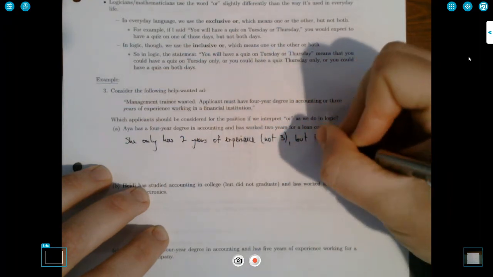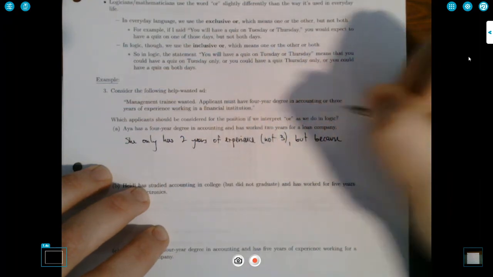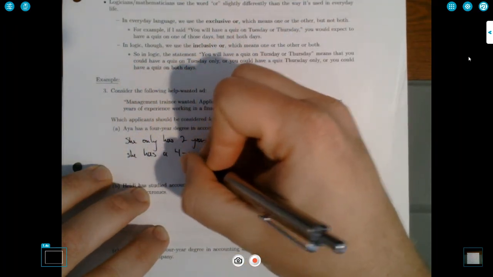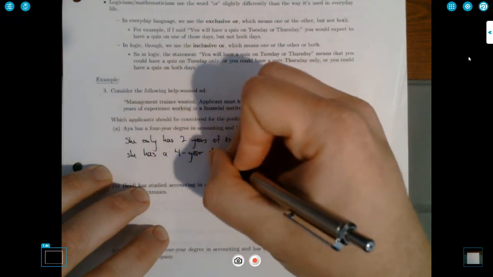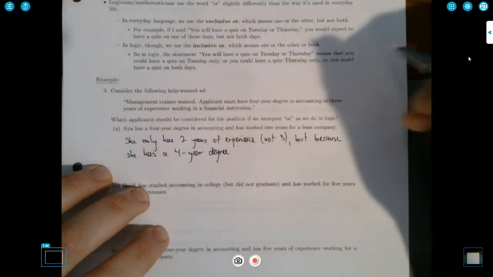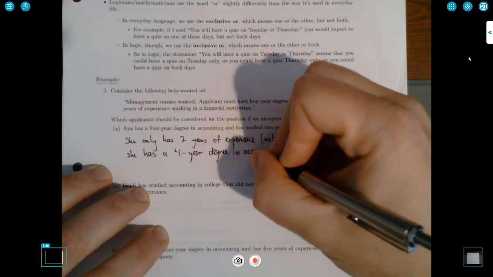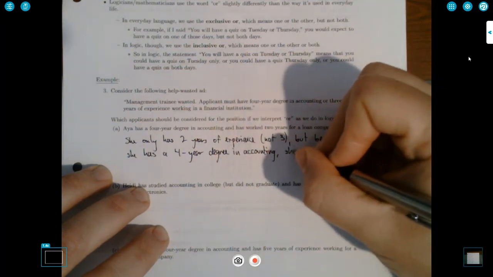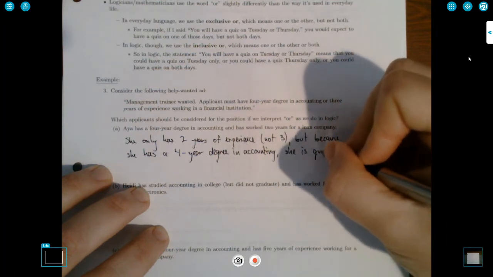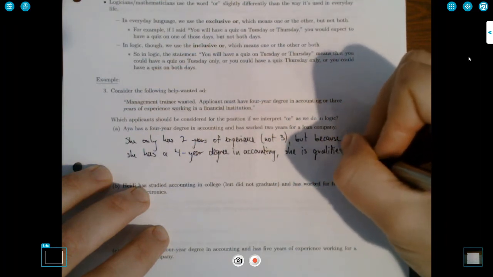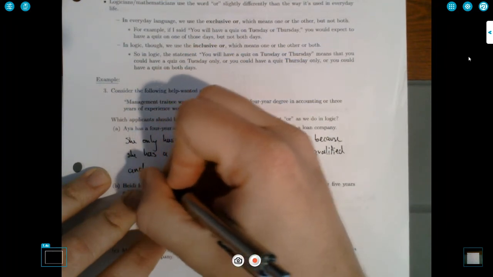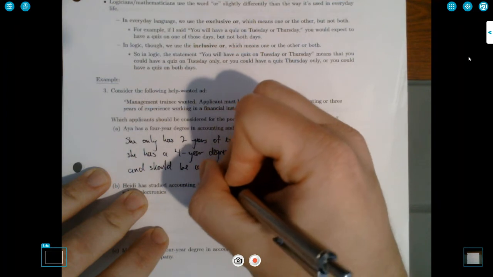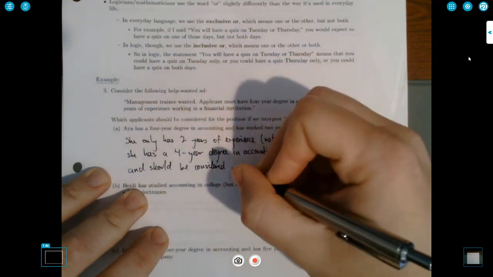But because she has a 4-year degree in accounting, she is qualified and should be considered for the position.